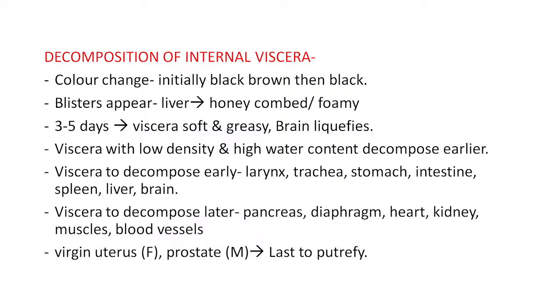So from that you can determine the time since death. So what is this called? Study of these different insects in relation to death. What is this called? Forensic entomology. Forensic entomology.